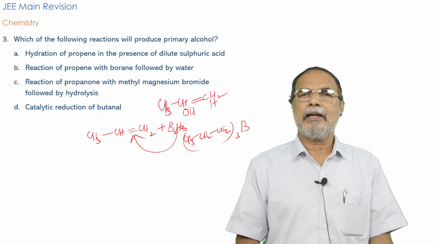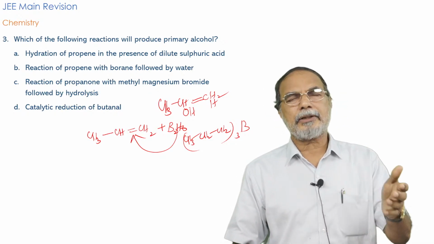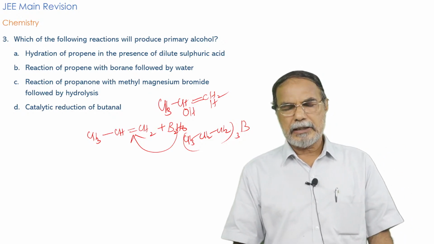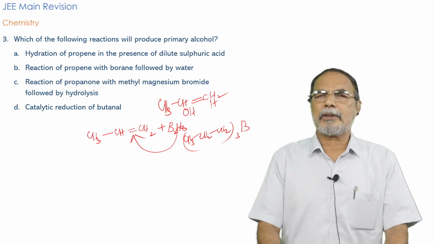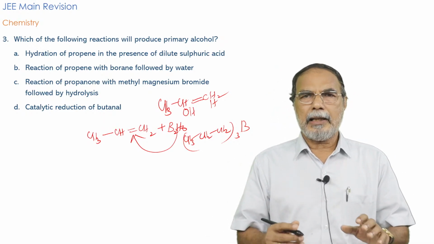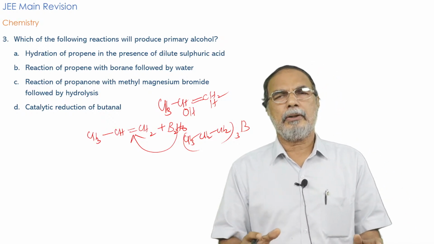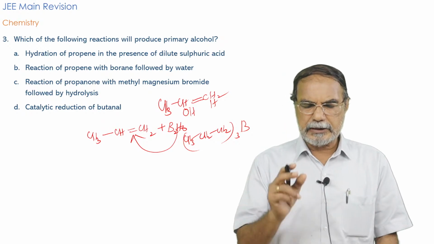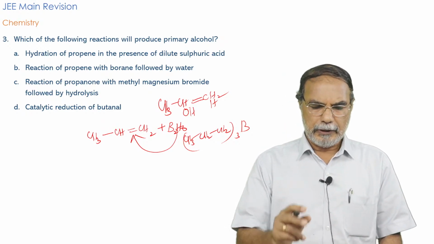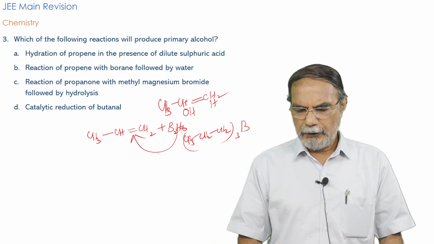You might have studied that the hydroboration oxidation is a regioselective as well as stereoselective reaction, because it is specifically anti-Markovnikov addition of water to the double bond that is happening as the total outcome of this reaction. So anyway, it is water here instead of alkaline hydrogen peroxide, and therefore reaction B will not work to give normal propyl alcohol.